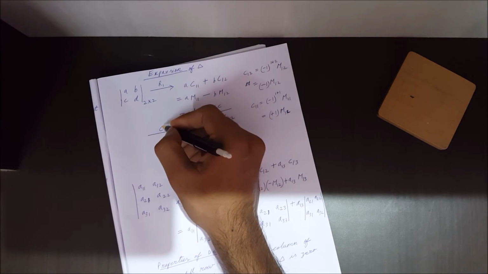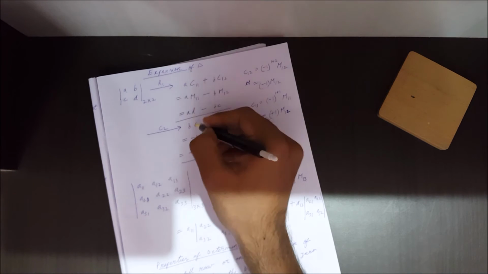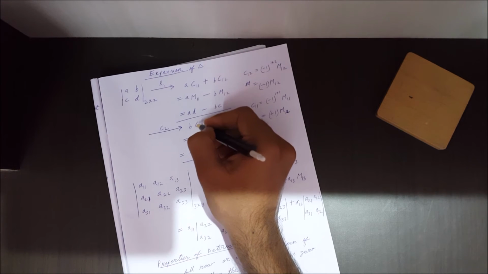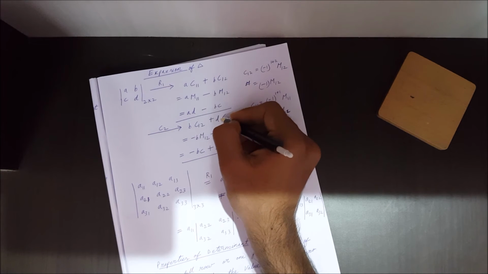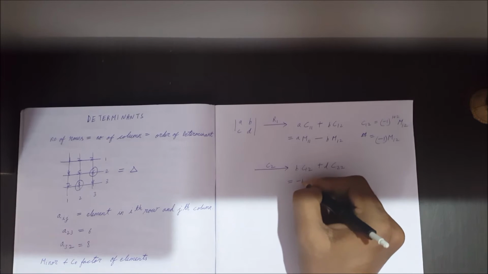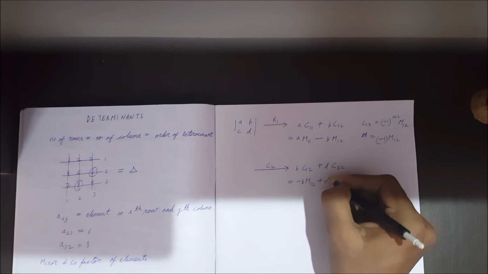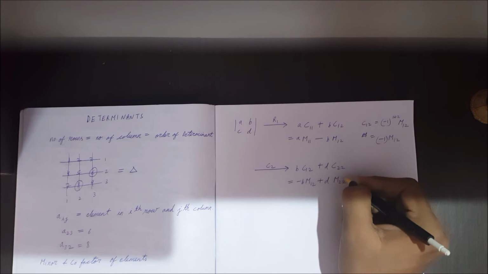Likewise, we can expand through column 2. So B into the cofactor of C12 plus D into the cofactor of C22, which equals minus B M12 plus D M22.